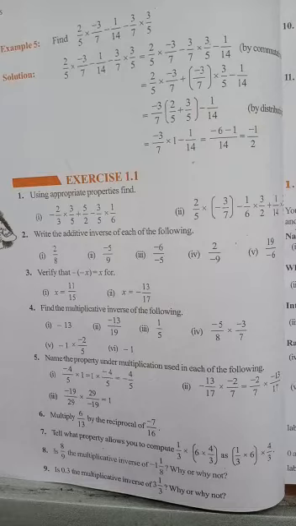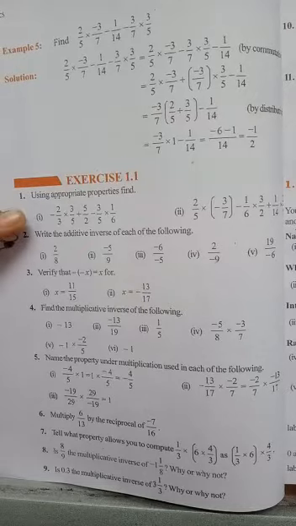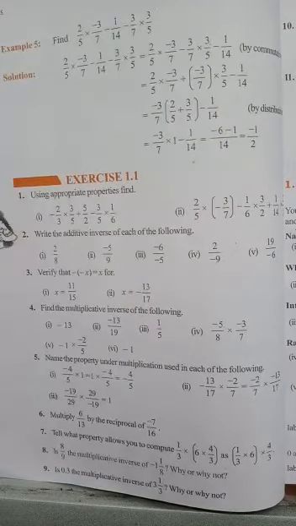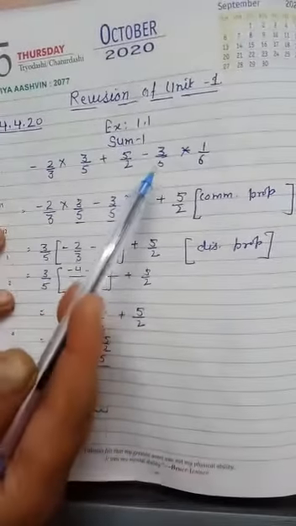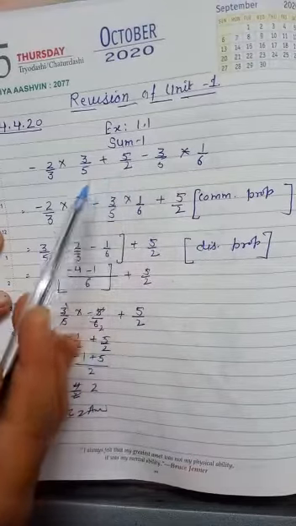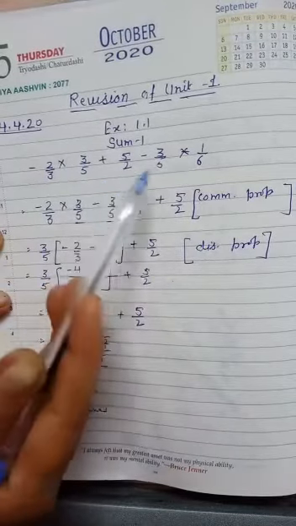Now the first part. As I have already read the statement, first of all we are going to replace terms. We have replaced this term to the second place and 5/2 to the third place.